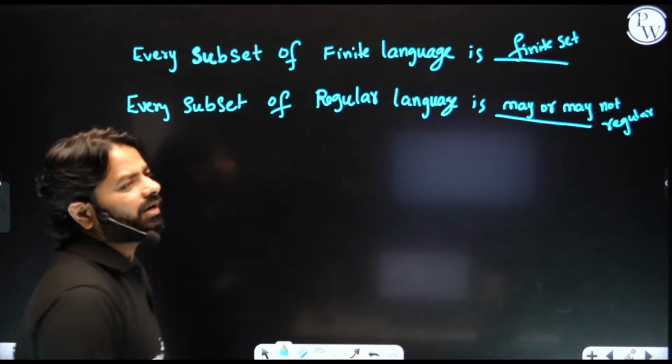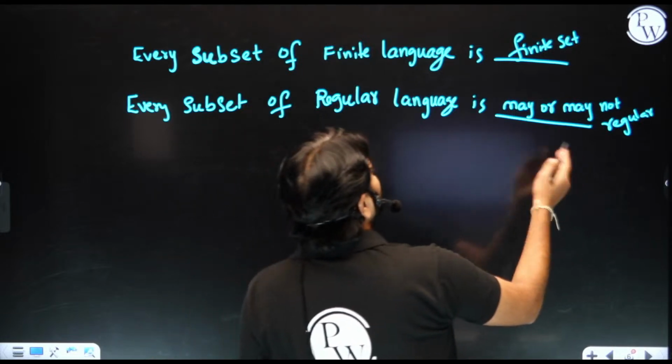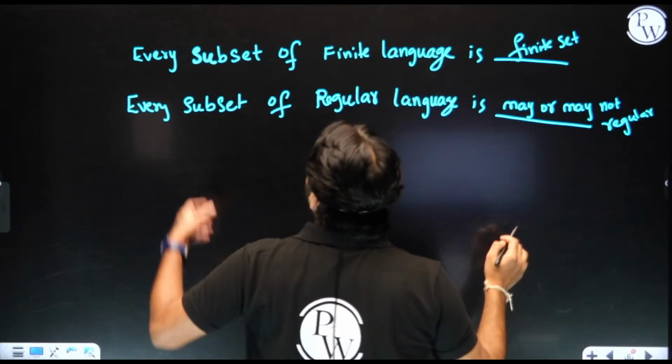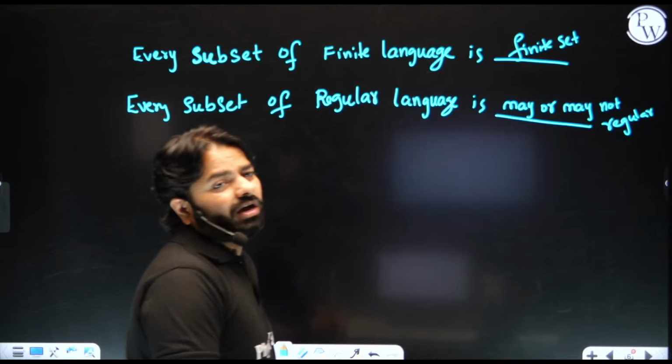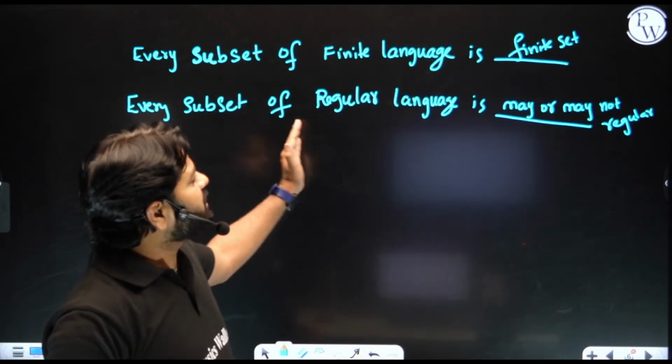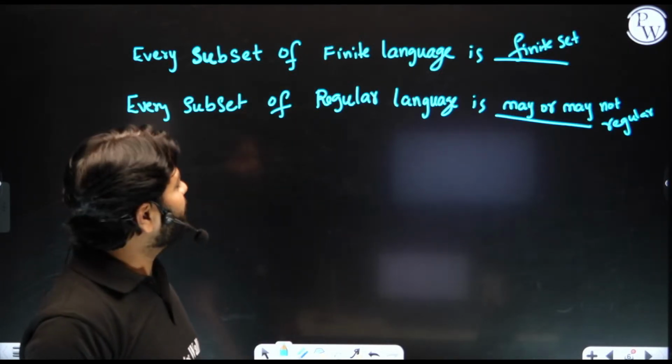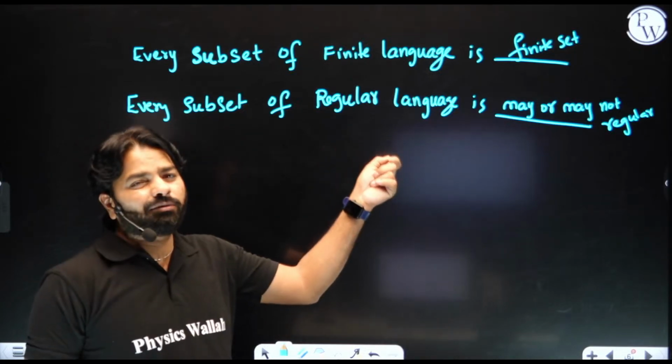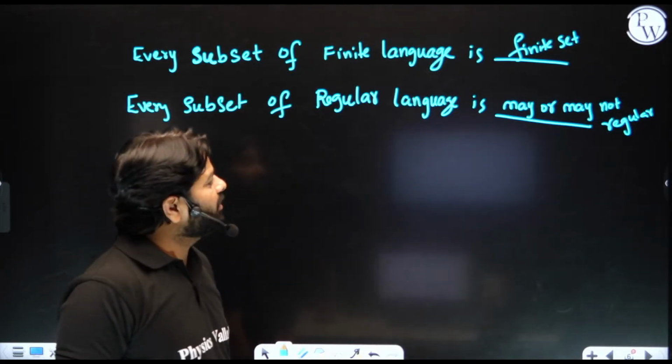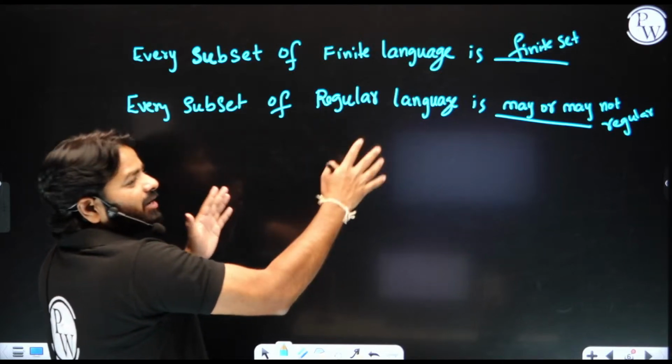Not only this, you can also write may or may not be CFL, may or may not be DCFL. Even for a subset of regular, there is no guarantee of even being recursively enumerable. So this statement is enough to say that every subset of recursively enumerable need not be recursively enumerable. Okay, so this statement itself is a very big statement.